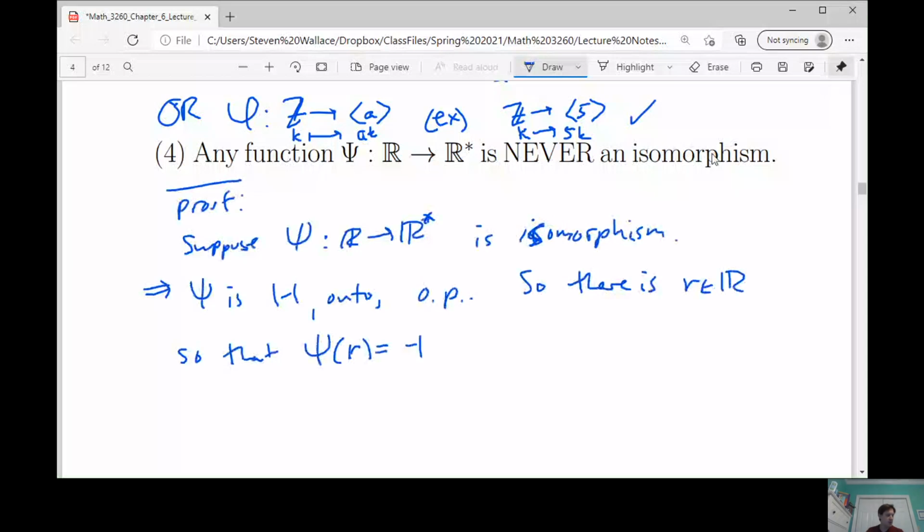Okay. But then by the fact that it's operation preserving, one half of r plus one half of r must also map to -1, right?